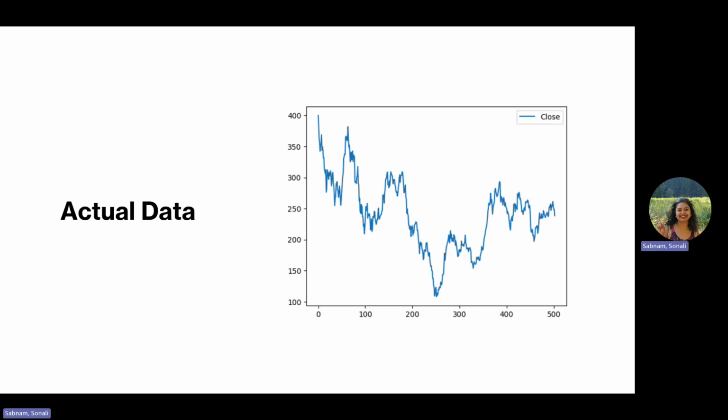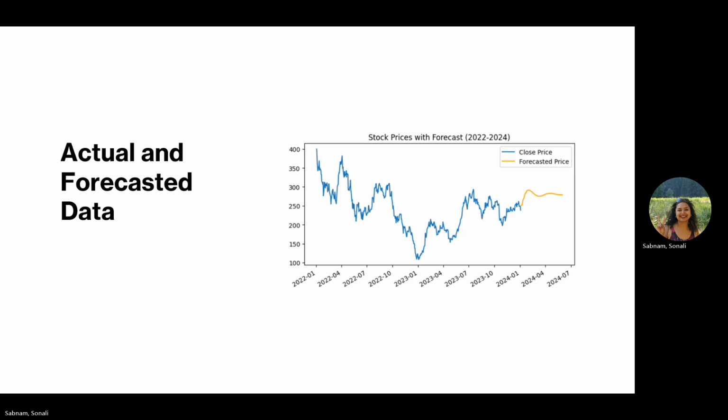Here, we can see the actual data represented in a plot. This slide illustrates the actual and the forecasted data for stock prices from 2022 to 2024. The blue line represents the historical close price, capturing past fluctuations and trends, while the orange line indicates the forecasted price, projecting future movements.